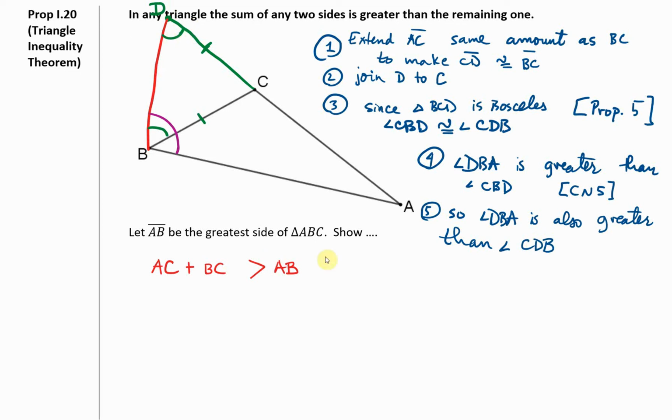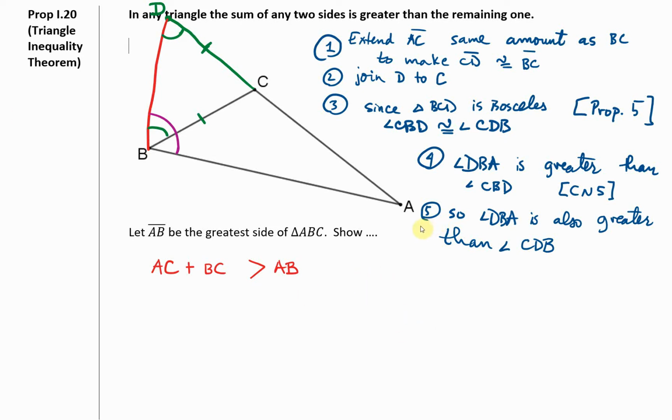Okay? So statements 3, 4, and 5 say the following: the two green angles are the same. The purple angle is greater than one of the green angles, so the purple angle is greater than the other one. Okay? Now here, we are almost done.